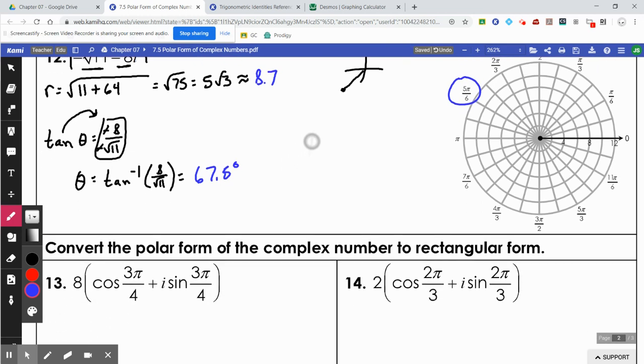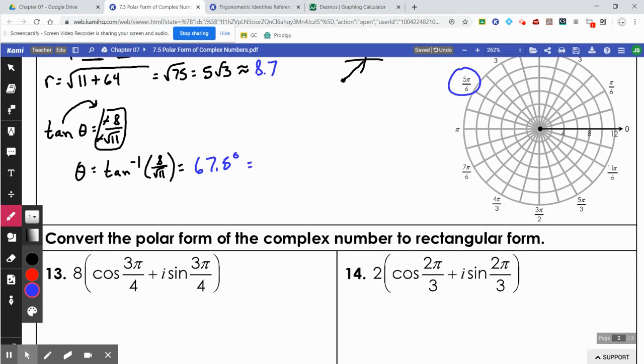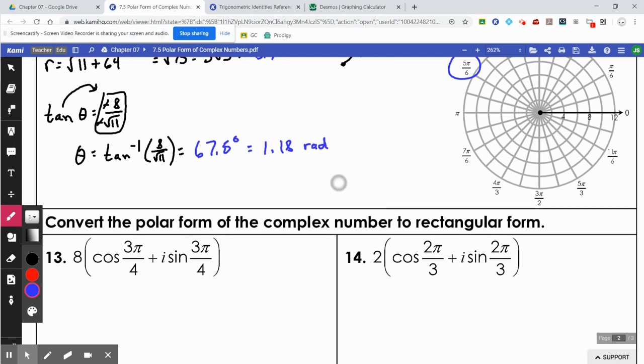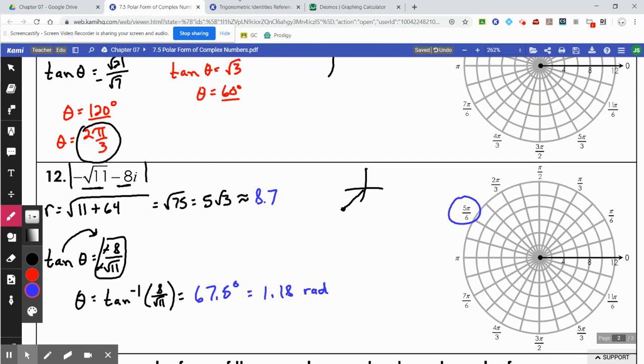To get the exact same answer in radians, just make sure that you change your calculator mode to radians, and you're going to get 1.18. And again, that's in radians. So therefore, your complex number is now equal to, let me erase this to give myself some room, the modulus, which is 5 root 3, times the cosine of theta, which is 1.18, plus i sine of 1.18.